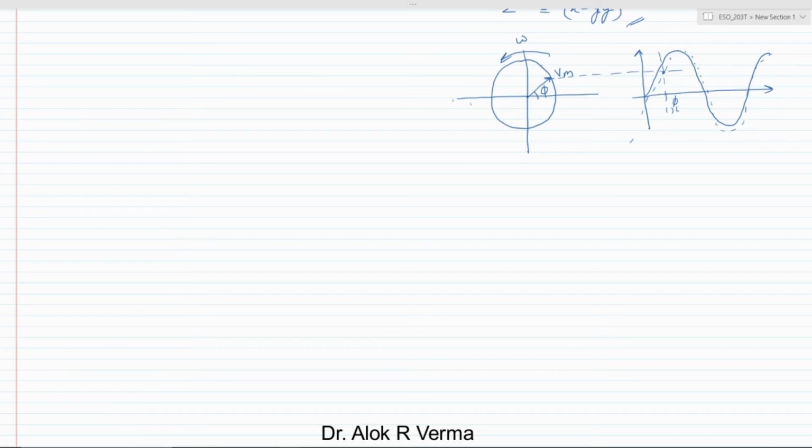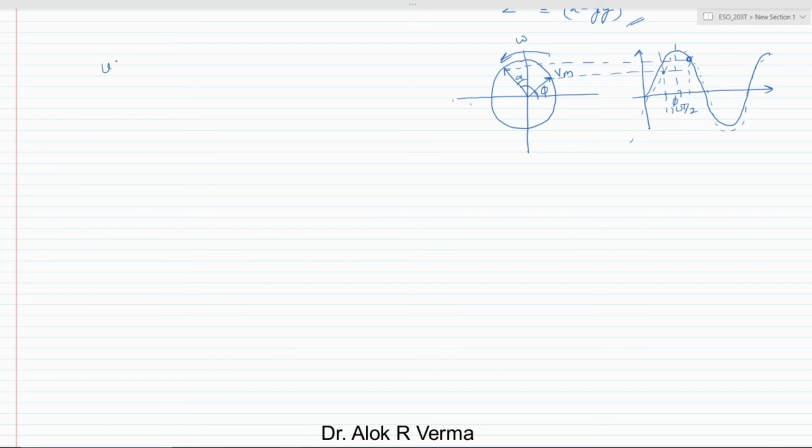Suppose now the phi became 90 plus alpha. Suppose this is alpha from this axis, so this is 90 plus alpha, where 90 is pi by 2 and alpha is a little further, so this point projects directly here. So the projection of all these rotating points is nothing but the sinusoid.